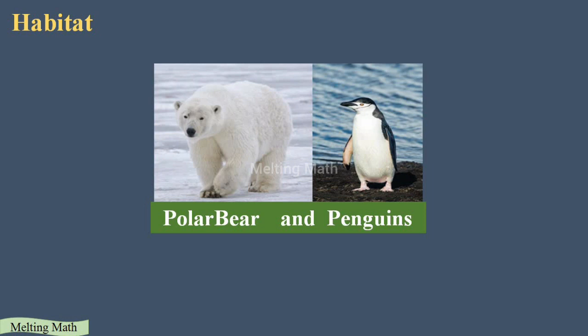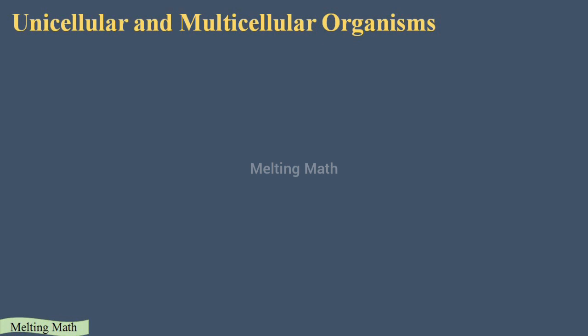For different animals, there is a unique place for living, which we call a habitat. For living in that special place, the animal has some special organs in its body. We will discuss it later.